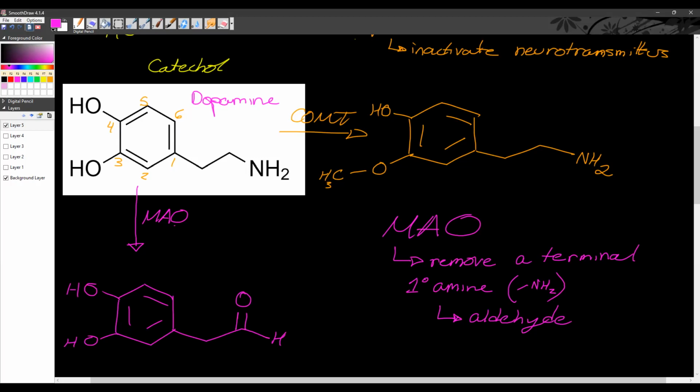So oxidative deamination can occur on either a primary or a secondary amine. So it could occur on an amine that is here, for an example. MAO can only occur on the terminal one. Does that make sense?